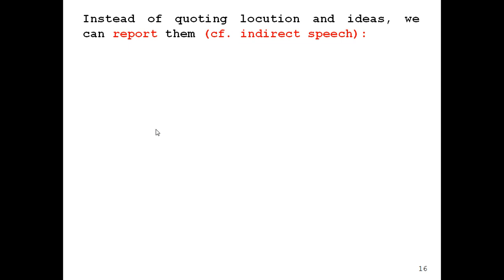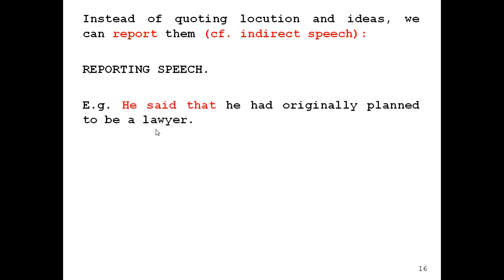Now, there's another way in which projection may occur, and it is when the report of the speakers' or thinkers' ideas or locution is not literal. In that case, it is reported. So for verbal processes, we have reporting speech. For example, he said that he had originally planned to be a lawyer.